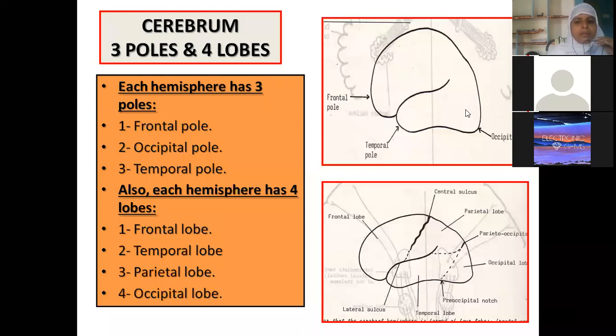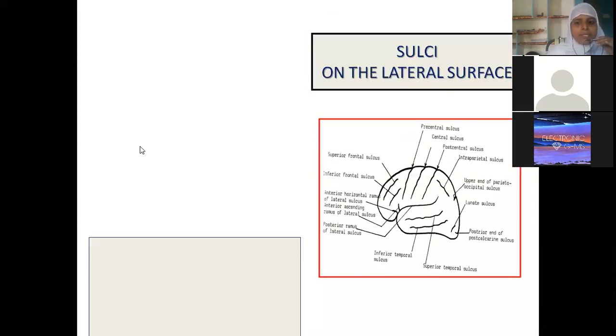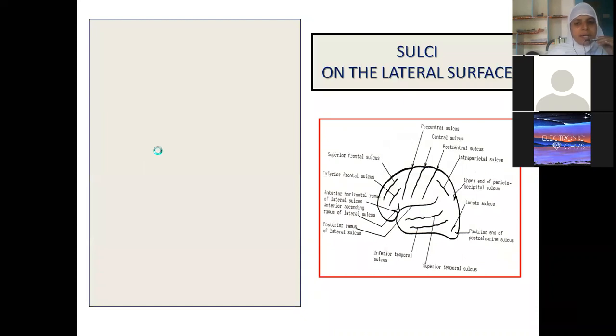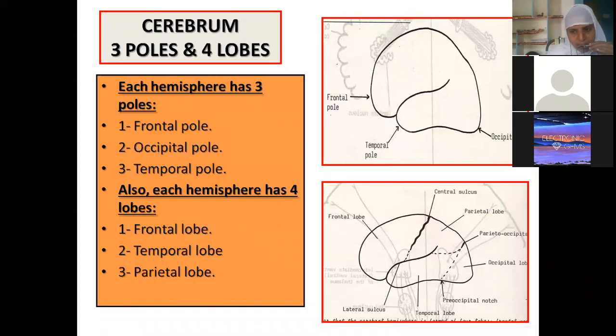Then now let us see the various sulci and gyrae. Before I go to sulci and gyrae, let us see the lines which are dividing the superolateral surface of the cerebrum into four lobes. This is the superomedial border, isn't it? Suppose this is the frontal pole and this is the occipital pole.